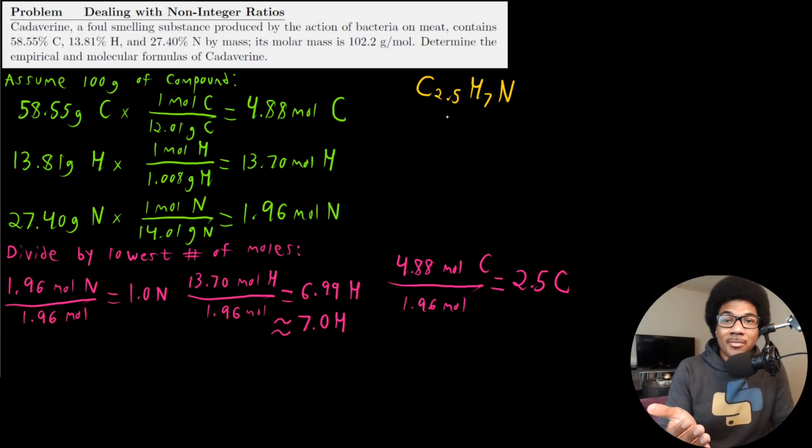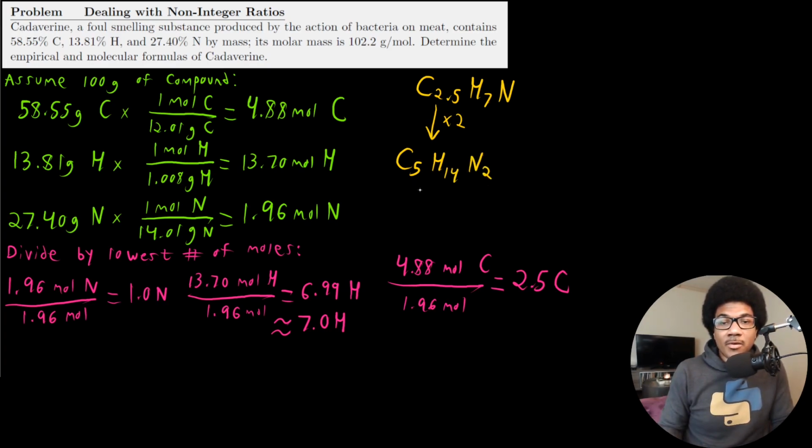But easily, we can fix this. If we just multiply everything by 2, then we can eliminate this decimal. If we multiply everything by 2, we'll have C5H14N2.